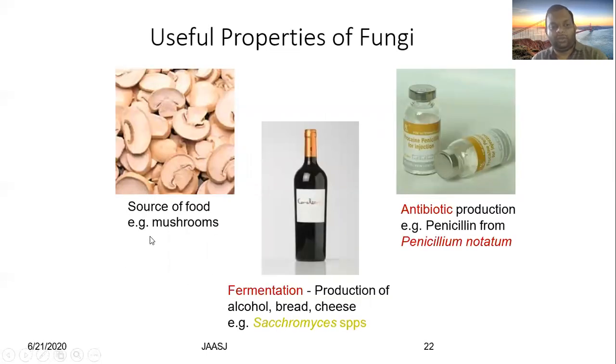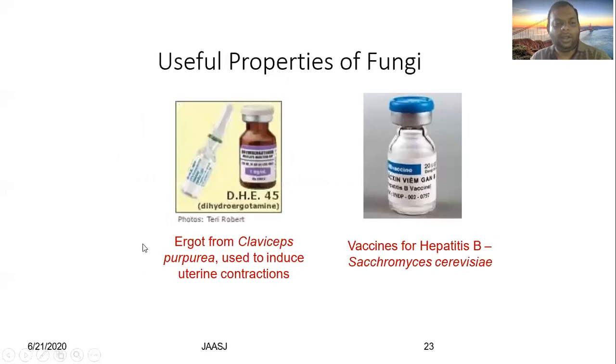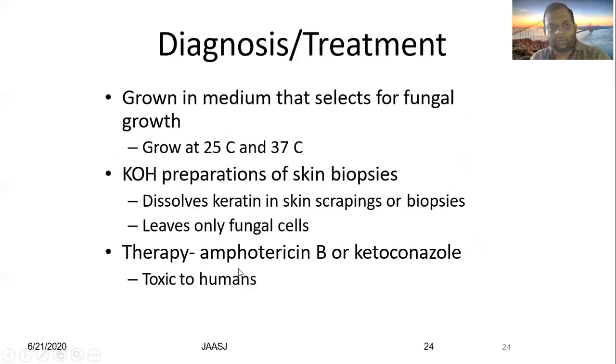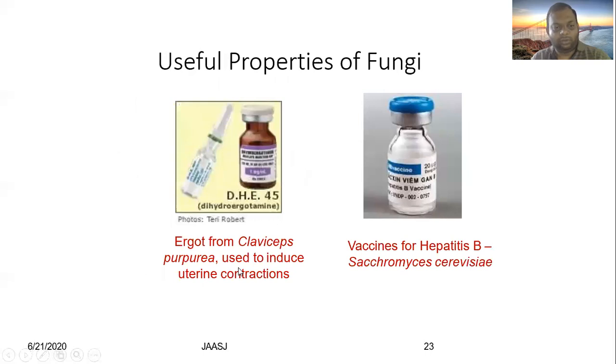About the uses: source of food, mushrooms, fermentation, production of alcohol, bread, cheese, antibiotic production such as Penicillium notatum, ergot used to induce uterine contraction, and vaccines for hepatitis B, which are produced from Saccharomyces cerevisiae.